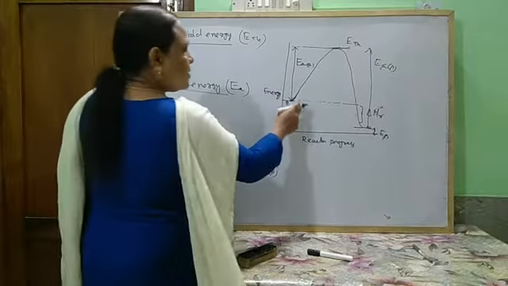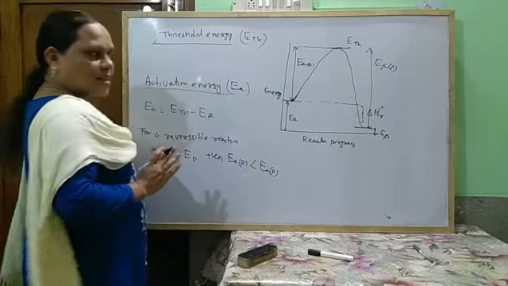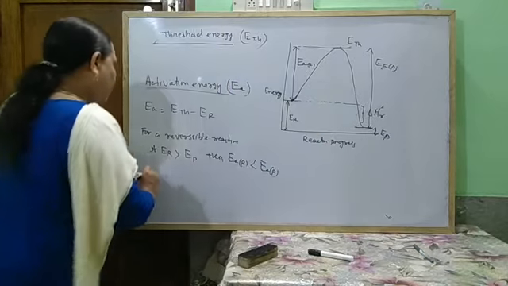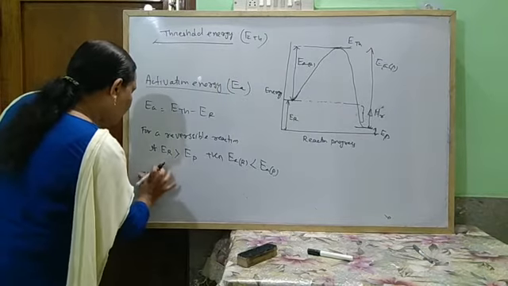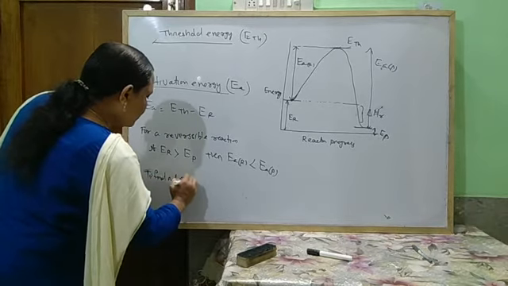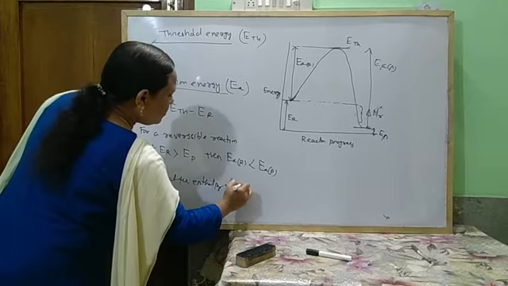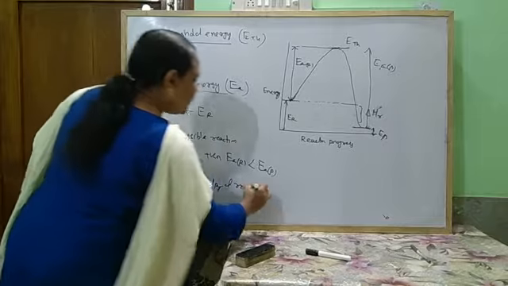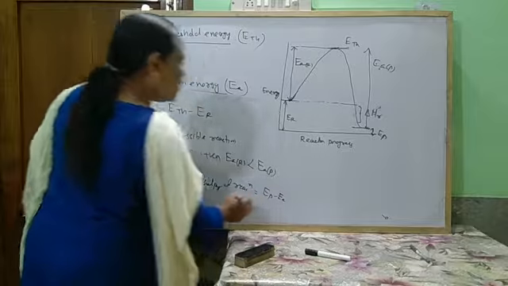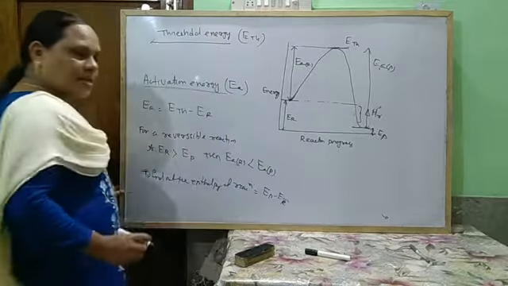Similarly, to find out the enthalpy of reaction, generally we take product minus reactant, EP minus ER, energy of product minus energy of reactant.